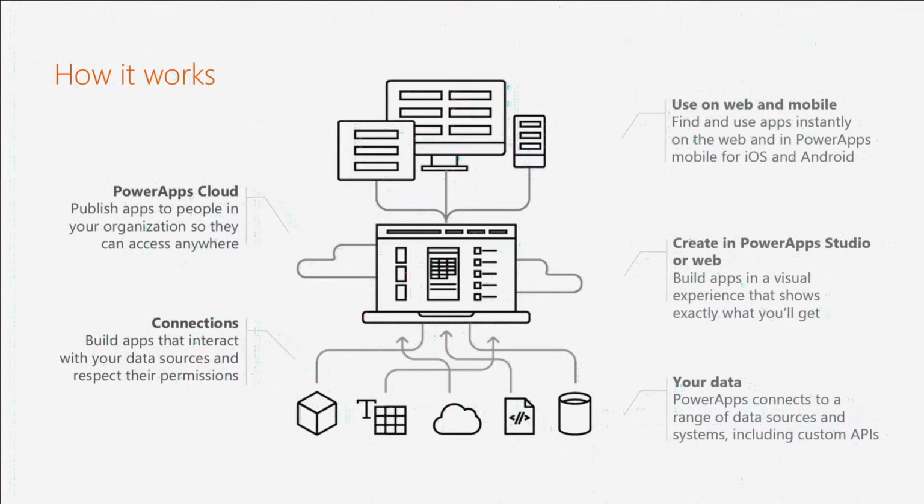Let's quickly talk about how it works. At the bottom of this diagram, you have your data. And this can be SharePoint Online, as well as it can be SharePoint 2016 or 2013 on-premises. And connection to these is possible through the on-premises data gateway, which is a free download that you can download from the PowerApps site and then install on a machine in your network.